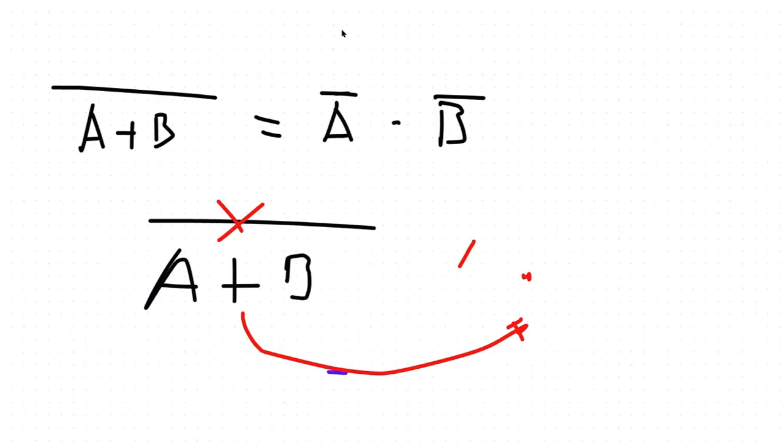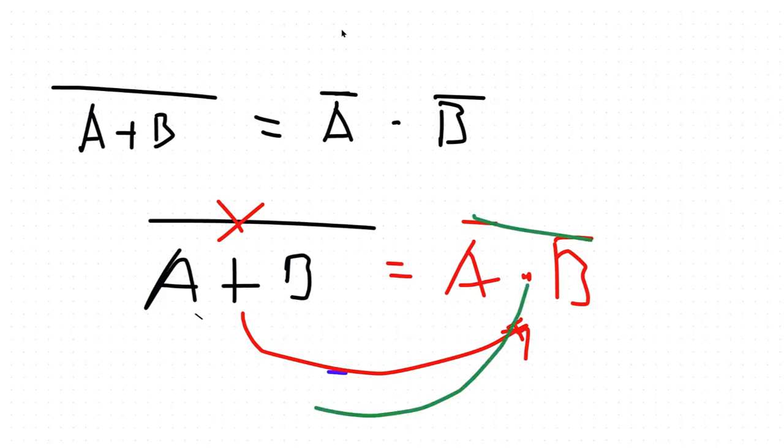This will become this. This is De Morgan rule. Vice versa, if you want to combine A bar and B bar, you connect the bar, change the operator from and to or. So De Morgan rule works either way. Break the bar, change the or to and, or connect the bar, change the and back to or. Okay, this is the first rule.